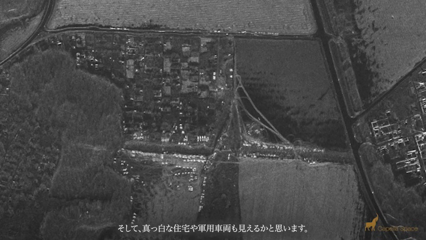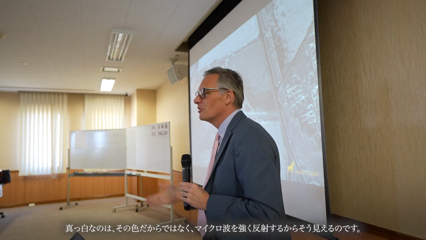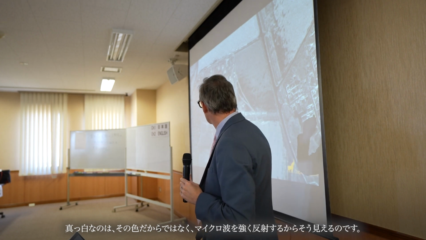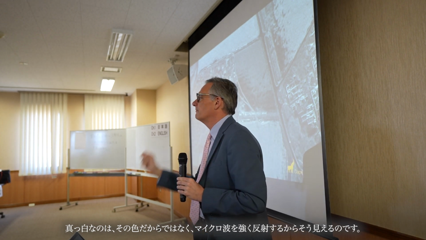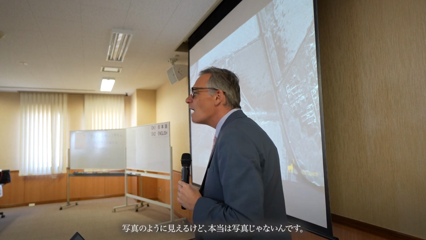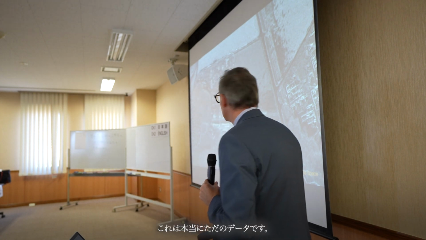And then you see houses and military vehicles, which are bright white. And they're not bright white because that's the color they're painted, because they're green, but because they strongly reflect microwaves. So it's not really a picture, although it looks like one. It's really just data.